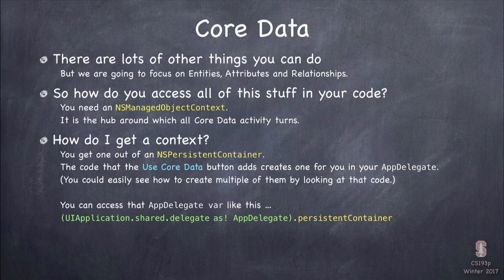So this is the code you're going to use, UIApplication.shared.delegate as! AppDelegate, all that in one expression, dot persistentContainer. Now you're going to get this persistent container. And notice I'm doing as exclamation point. This will crash if my app delegate is not in fact AppDelegate, but it's already wired up to be that for you when you create a new project, so that should never be a problem.